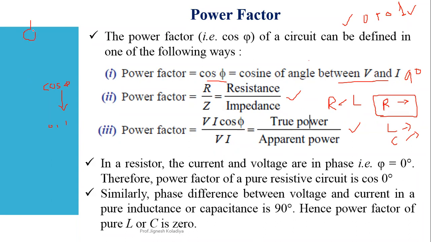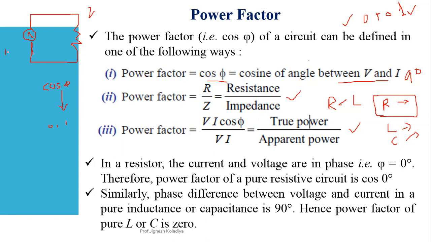I'm going to give the input, and on the other end we have one load connected. Right now I'm just showing the resistance, but you can consider it an impedance also, a combination of R and L. Just try to understand what power factor is and what the significance of power factor is.